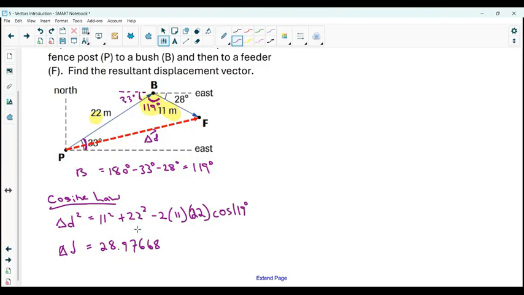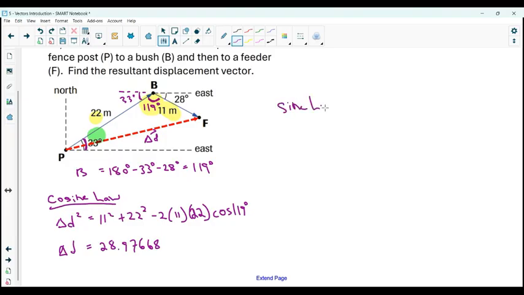Now I need to find a little bit more information. I need to find an angle inside the triangle, and that's going to be the angle at P. Let me use my highlighter again. I'll do this in green. I'm trying to find this angle right in here, so I'm going to call that angle P of the triangle. So I'll say, okay, let's use sine law for that.